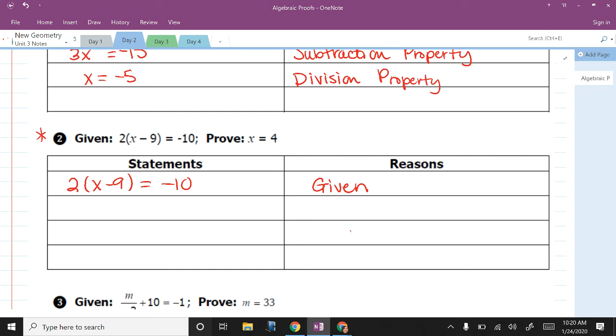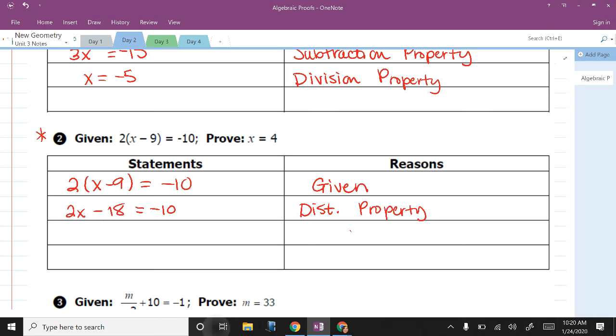Now, if I'm solving that for x, what will I do first? I'm going to distribute. So what's 2 times x? What's 2 times negative 9? Equals negative 10. And we did what property? Distributive property. And then how do we solve for x?